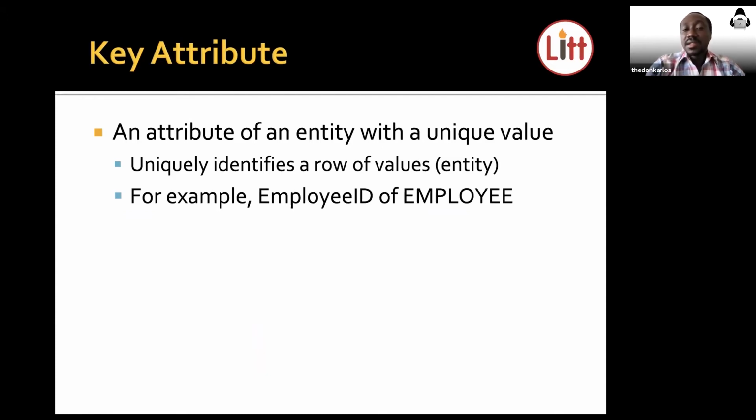It uniquely identifies a row of values or an entity, and a typical example is the employee ID of the employee entity. So for every employee, you would have a unique employee ID. No 2 employees would have the same ID within the same organization or within the same company.